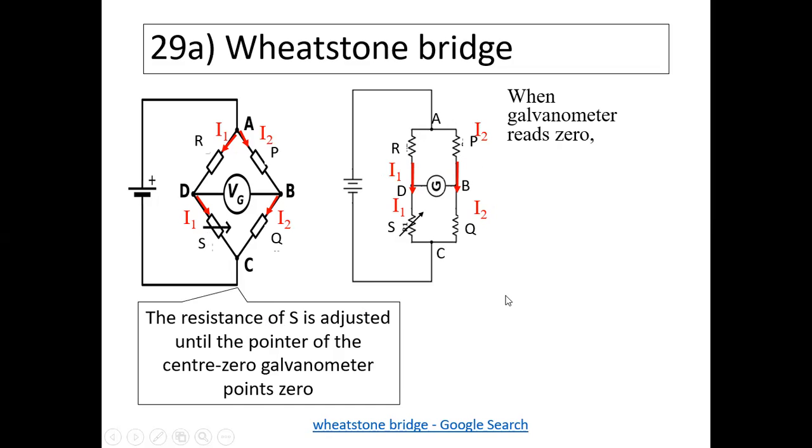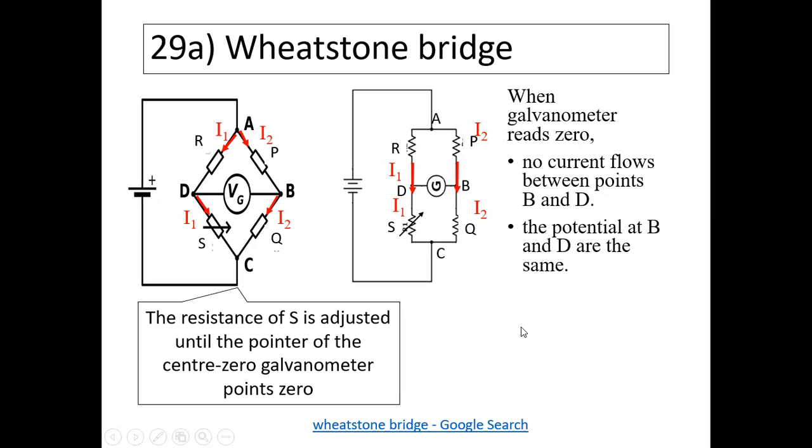So when the galvanometer reaches zero, no current flows through these 2 points, B and D, right? The current coming from the battery will split into I1 going here, I2 going here. So either there's no current between B and D, or there's no potential difference between B and D. Both are at the same potential.